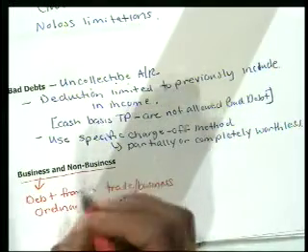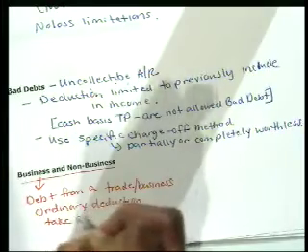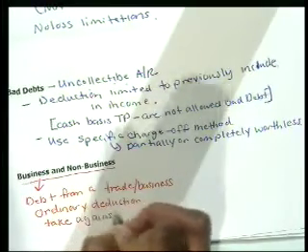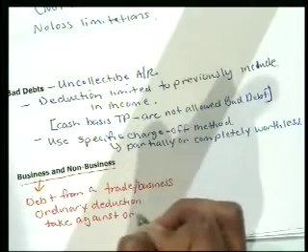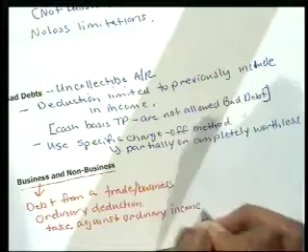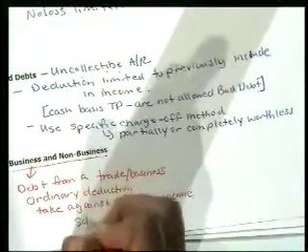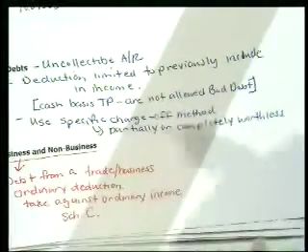It's an ordinary deduction, and you can take it against ordinary income. So this bad debt is going to get to offset ordinary income, and basically is going to appear on Schedule C. It's going to appear on Schedule C.